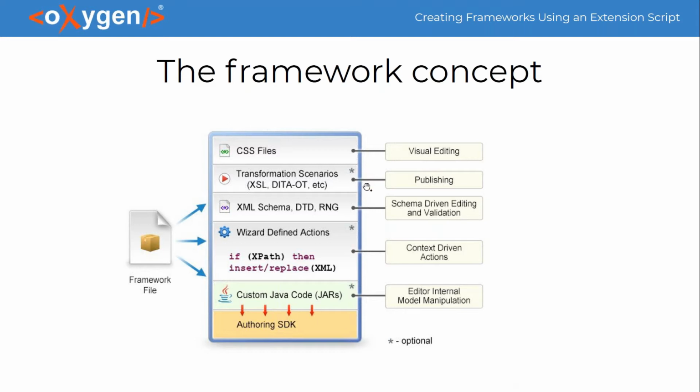For example, the transformation scenarios are a configuration that describe how to publish your documents, or another example of a configuration are the author actions, the actions available in the author mode. And this entire configuration sits in the so-called framework file, in case you've stumbled upon it. It's a file with the .framework extension.